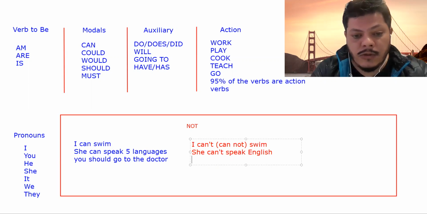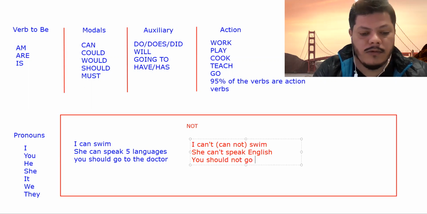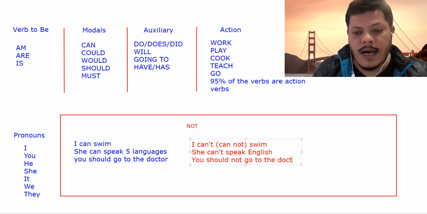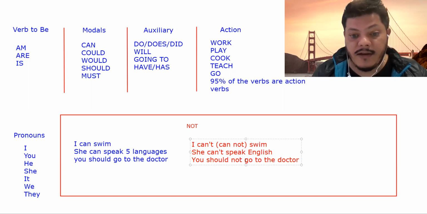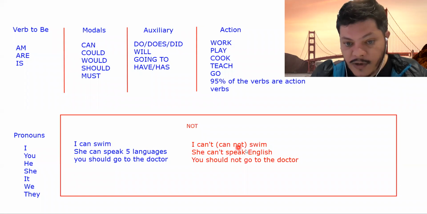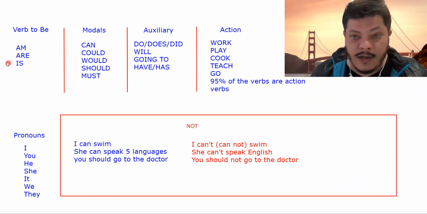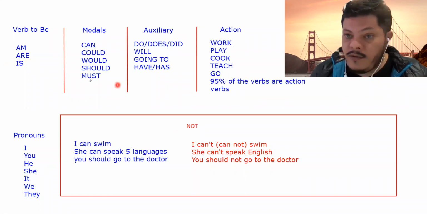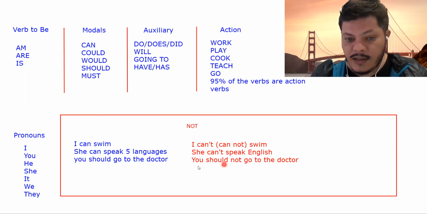And you should not go to the doctor. This is a negative. As you can see, all we do for the negative is add the word not, just like we did for the verb to be.